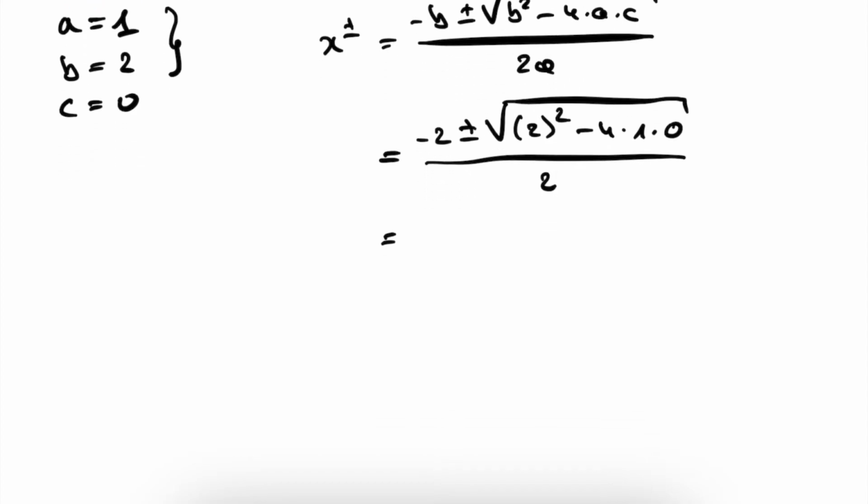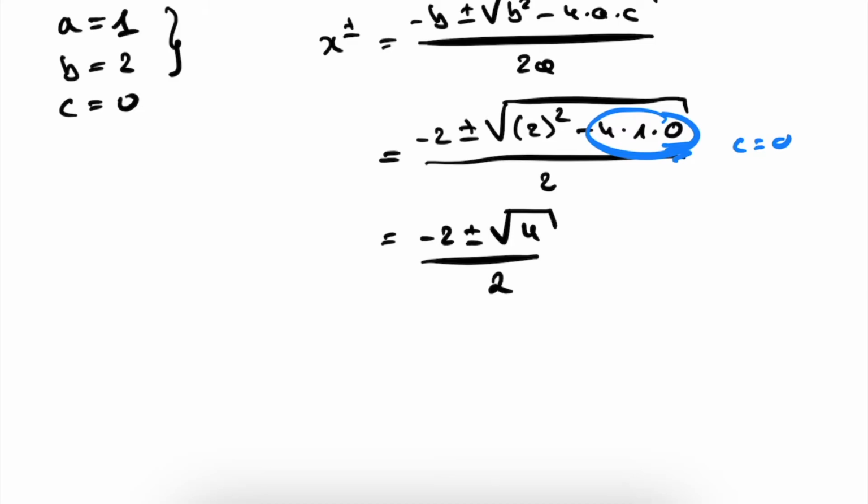And we see now that in this term we have times 0 here because c is 0. So what does this now become? Minus 2 plus minus square root of 4 divided by 2, because this second term just drops out, which is equal to minus 2 plus minus 2 divided by 2.